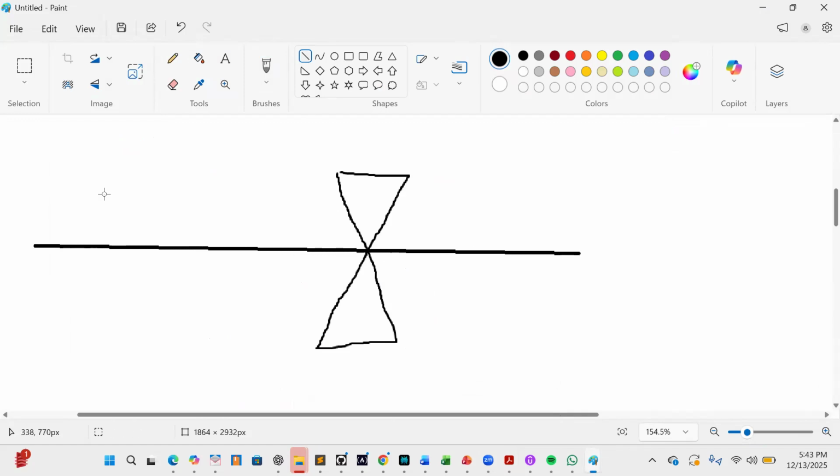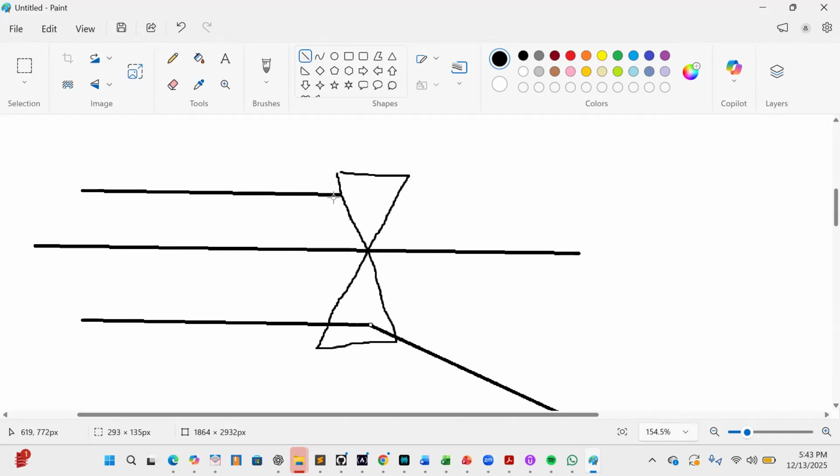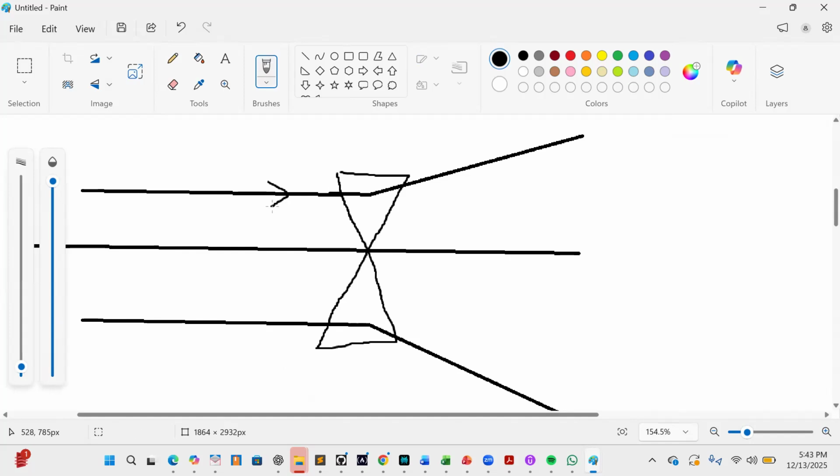So you have rays coming from infinity. They're going to diverge since it's a concave lens. When they diverge, it's just extrapolated rays.